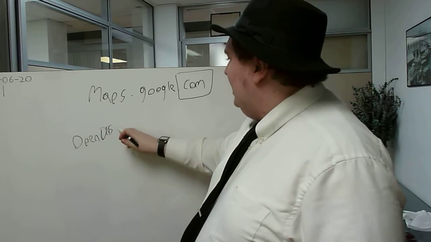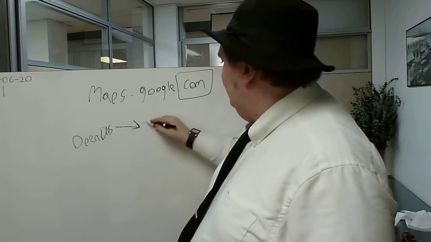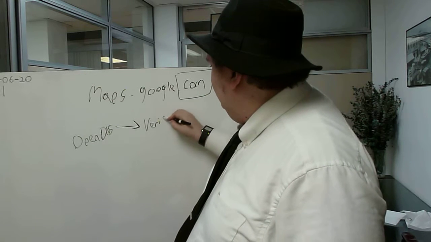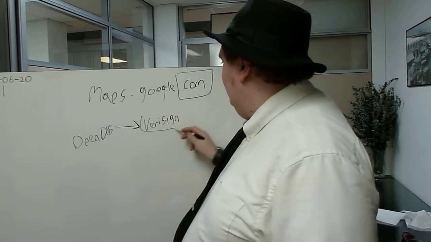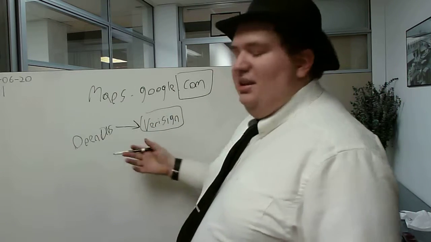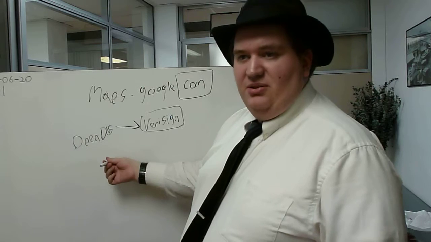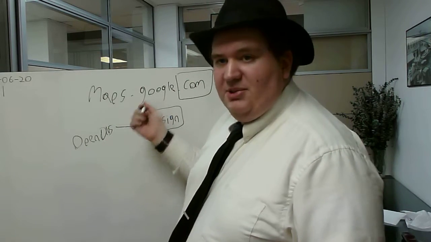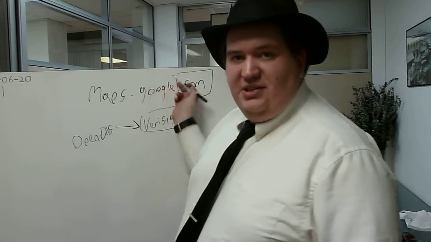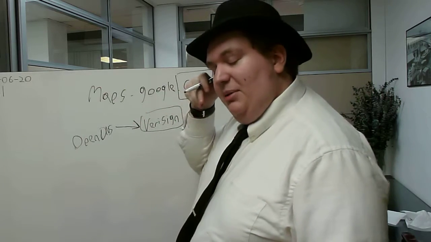So it asks the VeriSign .com server where Google.com is. OpenDNS probably knows where Google is, but this is what it would do if it were something a little bit more obscure that it hadn't heard of before, or if its Google cache just went away.